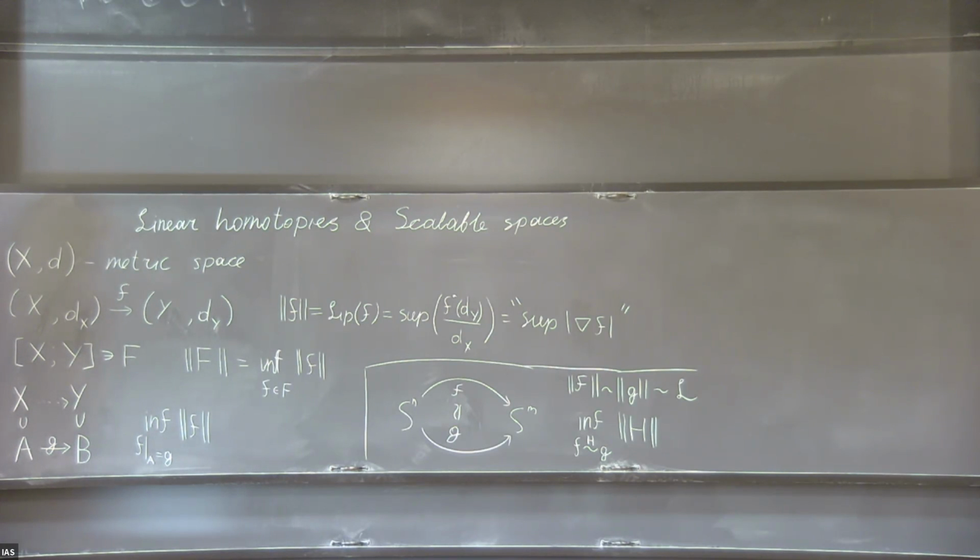And are you mostly thinking about manifolds X and Y? Simplicial complexes are fine. Manifolds definitely yes. Complete manifolds, yeah, but you should mostly think of it as simplicial complexes.